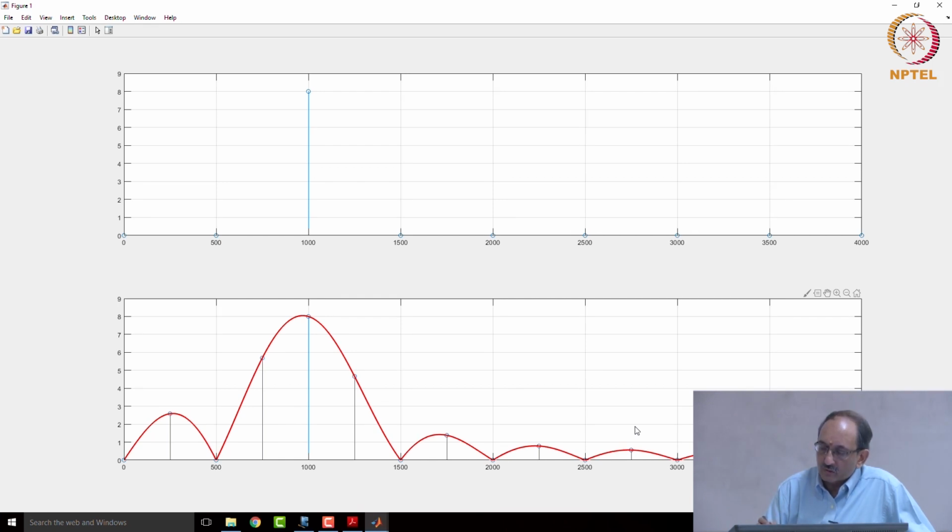And for a single sinusoid itself, we can move this frequency closer to 0 or closer to 4000 and again observe shift in the peak. So, you can zoom in on this plot and find out where the actual peak is, and you will find that it is not at 1 kilohertz. So, this is a very brief introduction to estimation of frequencies of sinusoids given the observed data.